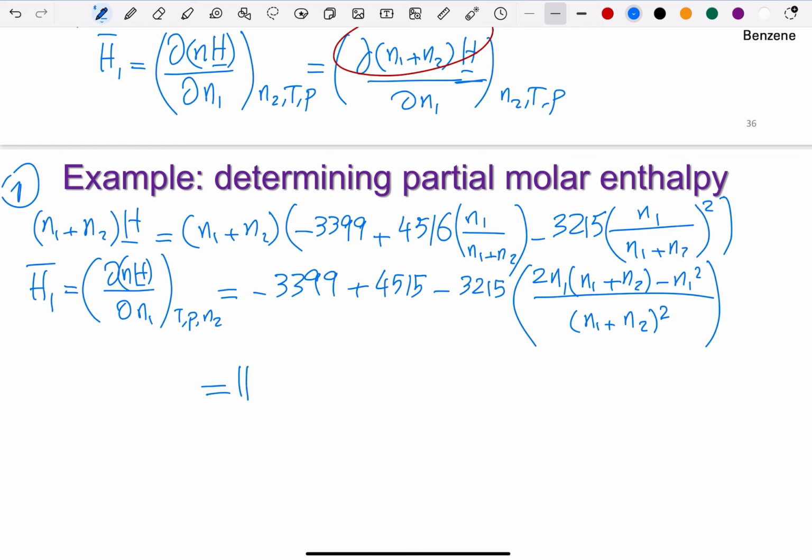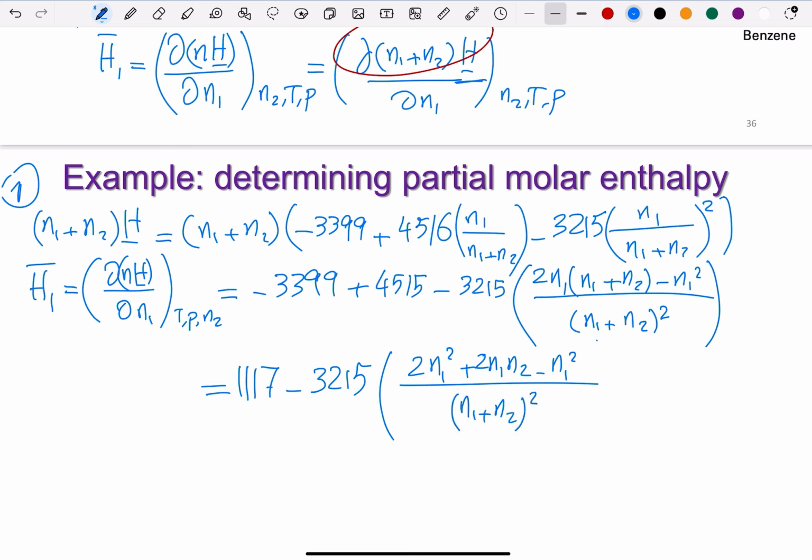So if I write it a little bit cleanly, that's my partial molar enthalpy for component 1. Okay, but I'm still not there yet because I have expressed it based on the moles of n1 and n2, and it's always good to cast it in terms of x1 and x2, okay? Because we are interested in the mole fraction.